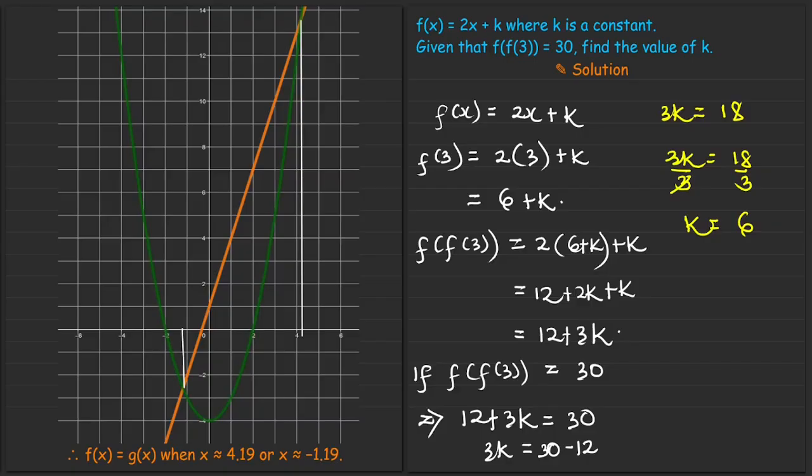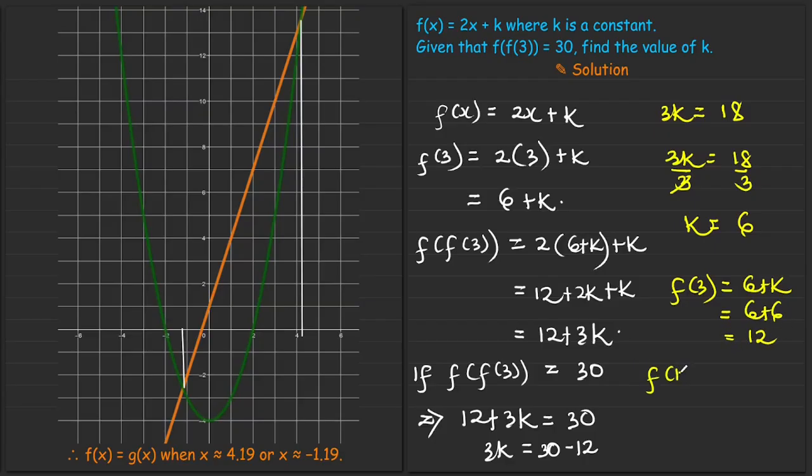Now, we can verify and see. So, we first said f of 3 was equal to what? That is 6 plus k. So since we now have a value of k, it means it is 6 plus 6, which is equal to what? 12.